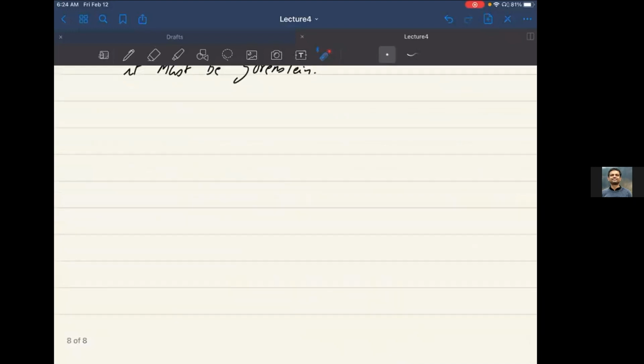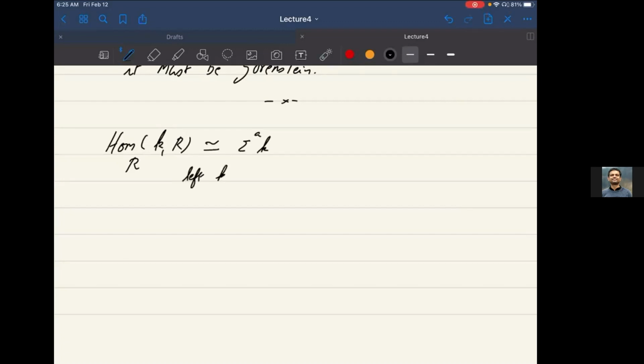Now, in the last few minutes, what I want to do is go back and try to convey some idea about what is involved in going from this condition, as left K modules, to the statement that this is equal to hom K R K. So what goes into this?